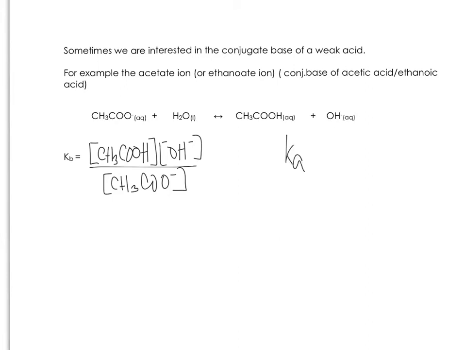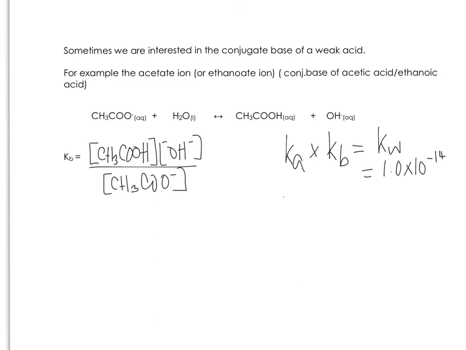The Ka times the Kb is equal to Kw, which is 1 times 10 to the negative 14. So if you have the conjugate base, and you can find then the Ka value in the table of K values for acids, you can determine the Kb.